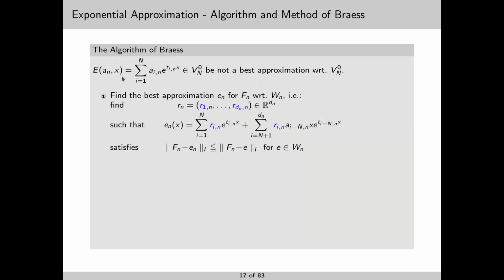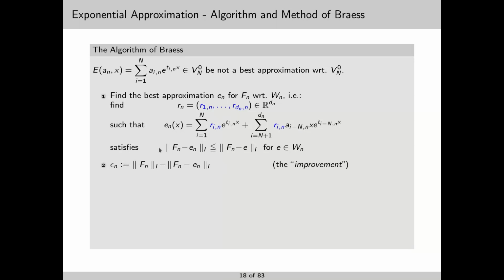That is, find a vector r^n with d_n components such that this function E_n of x is the best approximation with respect to gradient space W_n. Since, as has been noted above, W_n is a linear space, the best approximation E_n exists.